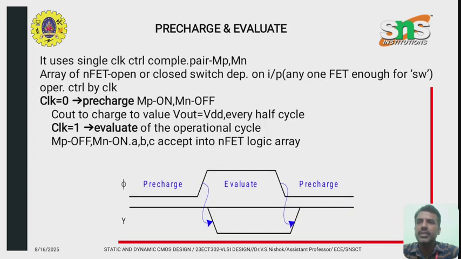Here we represent the precharge and evaluate modes. If clock equals 0, that is called precharge mode: the PMOS transistor connected with the clock signal becomes on, and the NMOS transistor becomes off. Likewise, when the clock signal is 1, in evaluate mode, the PMOS transistor becomes off and the NMOS transistor becomes on.